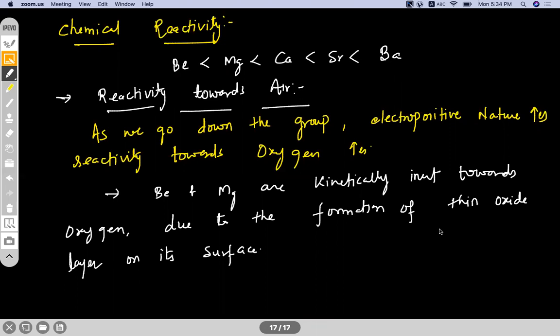It's not that the reaction is not happening, the rate of the reaction is very slow. Clear? Okay. So this is important for beryllium and magnesium.